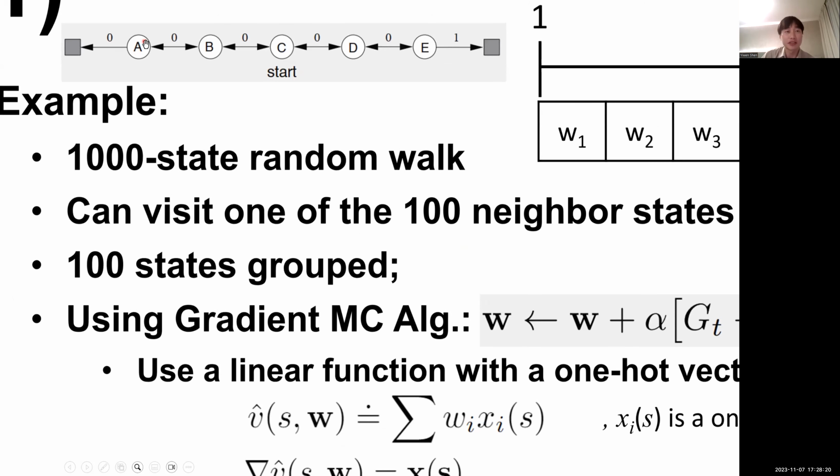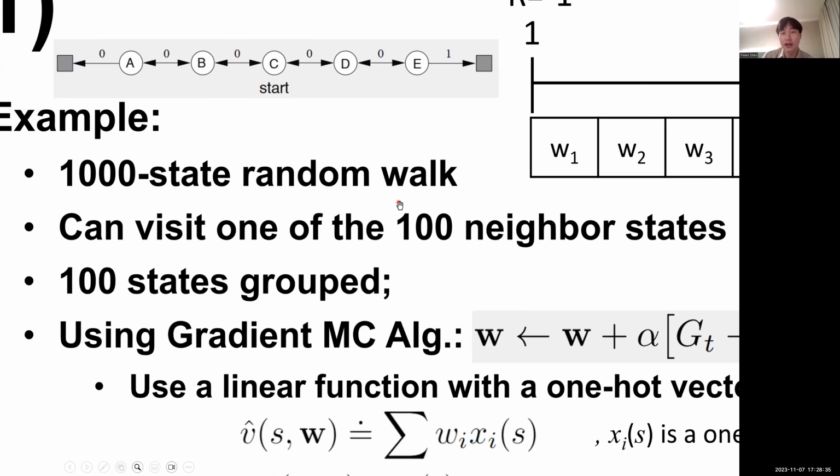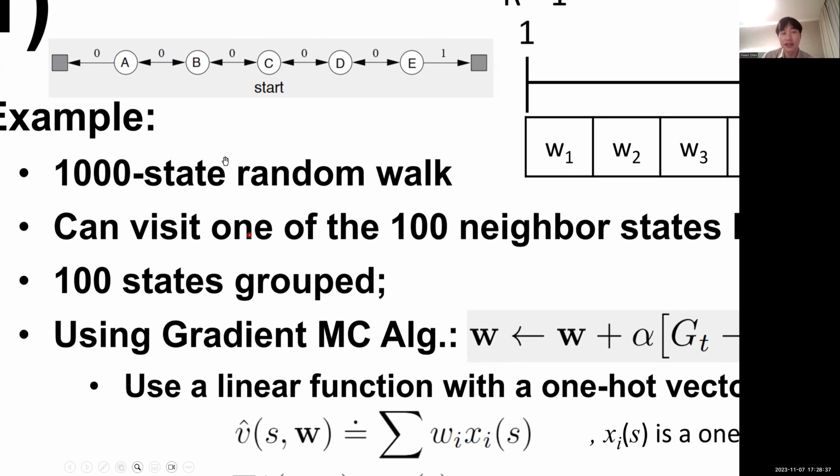Previously we only had 5 states. Now we have 1,000 states, with a left terminal state and a right terminal state. Another change is that once you are in one state, you can jump to either the left or right neighboring states, one of 100 neighbor states.